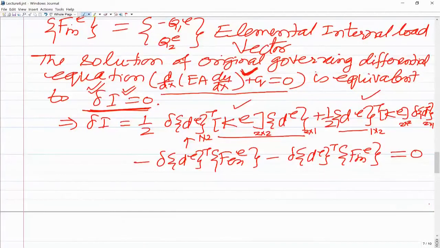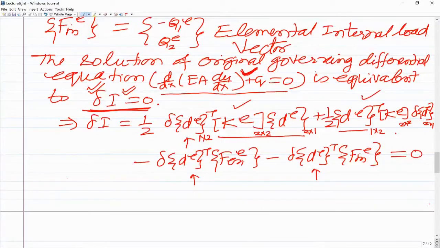So it's a scalar. Now what I want, because in this term I have delta d transpose on the left hand side, here also I have delta d transpose on the left hand side. The same thing I want to do for these two terms also. In this anyway I have delta d transpose on the left, so I can take that common, but this term I want to rewrite. Since this term is a scalar, because 1 by 2 into 2 by 2 into 2 by 1, finally we'll get 1 by 1, a single quantity, a scalar number, we can replace it by its transpose.